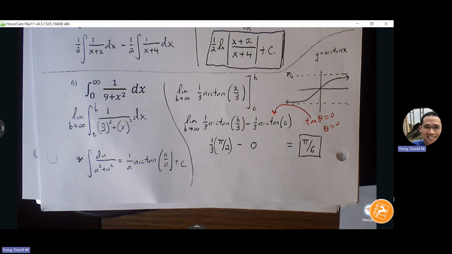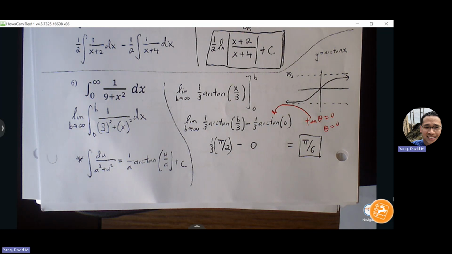Take the antiderivative. Then I can evaluate my upper and lower bounds: 1/3 arctangent of b over 3 minus 1/3 arctangent of 0. Arctangent of b over 3, if I replace b with infinity, is arctangent as we approach infinity.